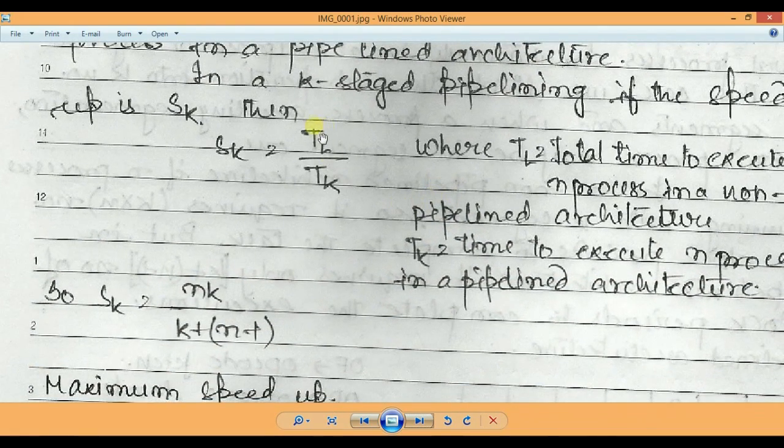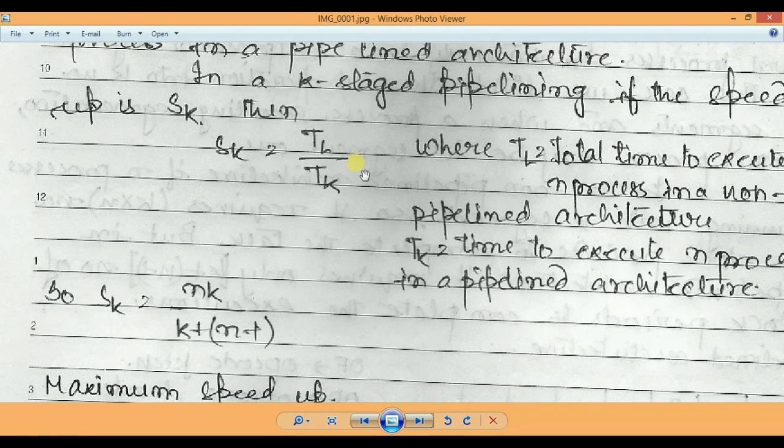So the non-pipelined architecture is the numerator versus the pipelined architecture is the denominator. What is speed up? The time taken to execute n number of instructions in a non-pipelined architecture versus the total time taken to execute n instructions in a pipelined architecture.